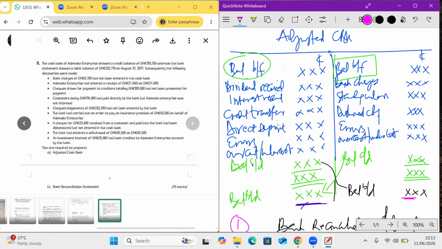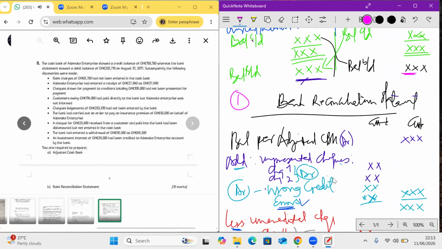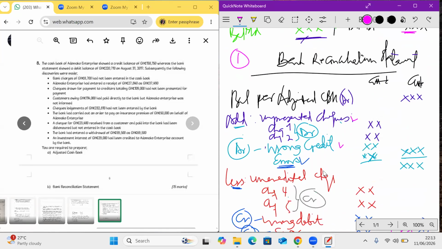Then you start listing: dividend received, interest received, credit transfer, direct deposit, errors, bank charges, standing orders, dishonored check. Are you getting it? Yeah. You can even list more: unpresented checks, wrong credits, uncredited checks, wrong debit. They are the issues causing the reconciliation problems between the cash book and the bank statements. Those are theories.